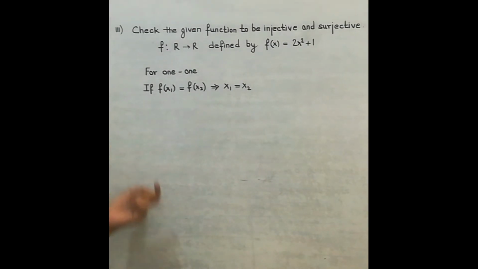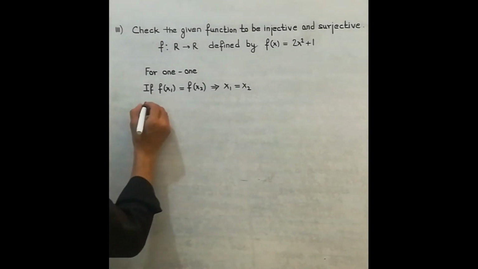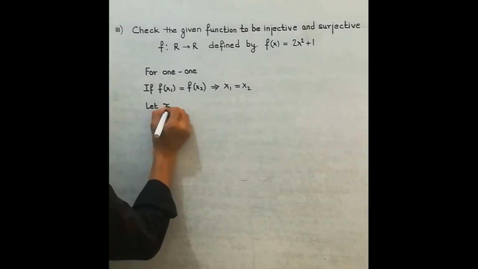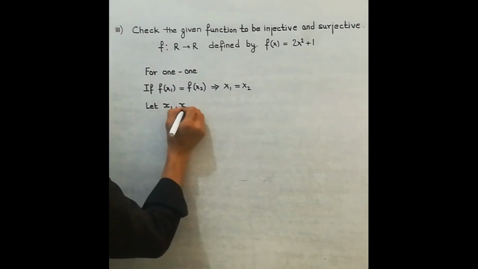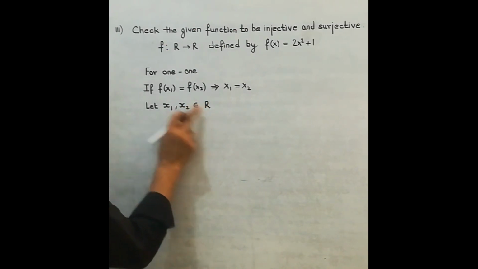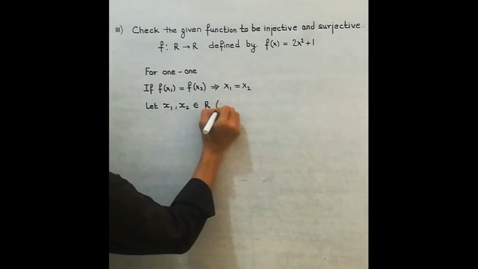Now this is the condition for the function to be 1 1. If we take any two elements x1 and x2 belonging to the domain, and the functional values f(x1) and f(x2) are equated, then we must get x1 is equal to x2. So let x1 comma x2 belong to R. Now here this R means domain.